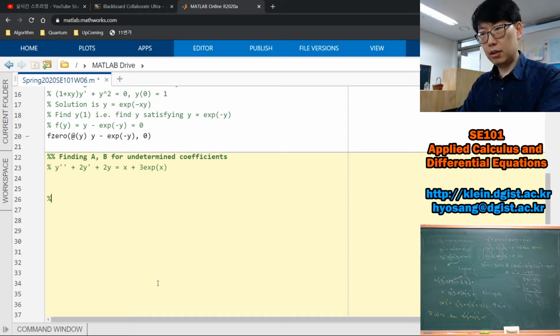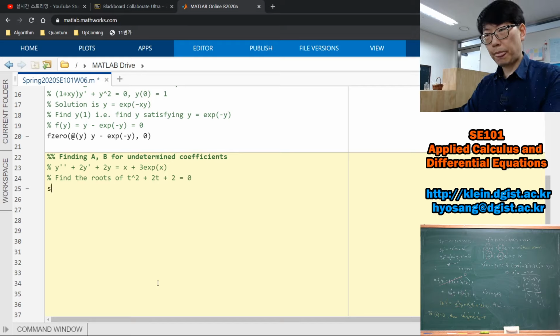So I'm trying to find the roots of, for simplicity, let me write lambda as t. So t squared plus 2t plus 2 equals 0. I want to find the exact root, and I think it's a complex root.